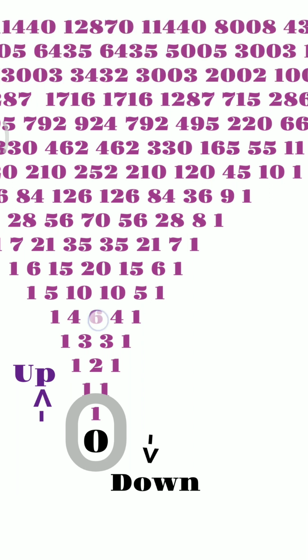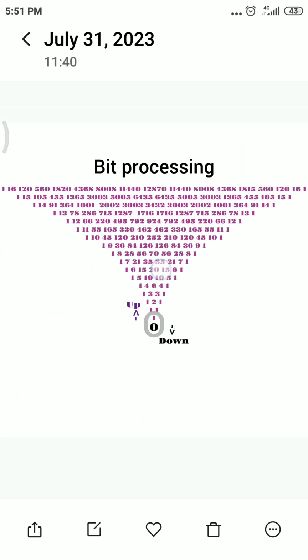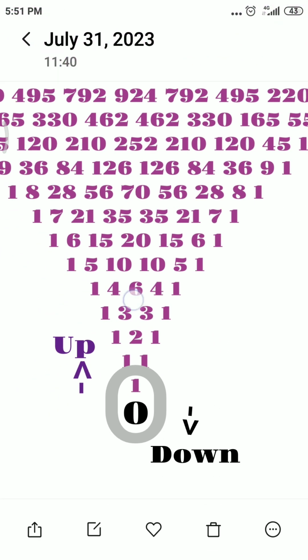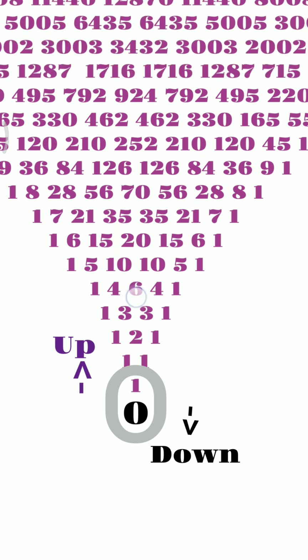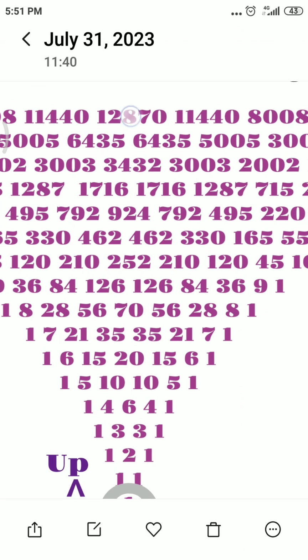Only this row has a value in the center, this one doesn't have any value in the center. There are two equal values here, but here you have one highest value. So at this highest value, this level is completed, the strand is completed here. Similarly here, here, here, here, here and here, the level is completed, the strand will be complete.